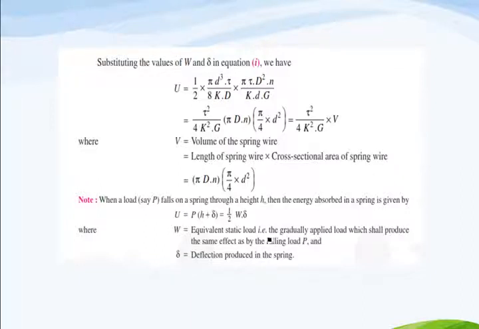That is the gradually applied load which shall produce the same effect as the falling load P. The equivalent load we should take as W, and delta will be the deflection of the spring.